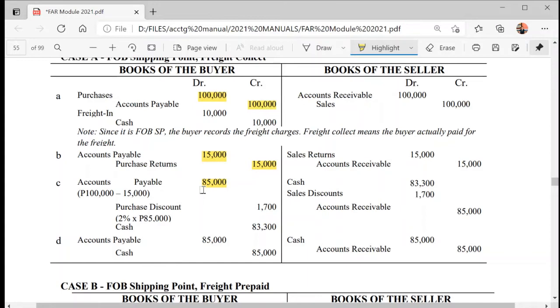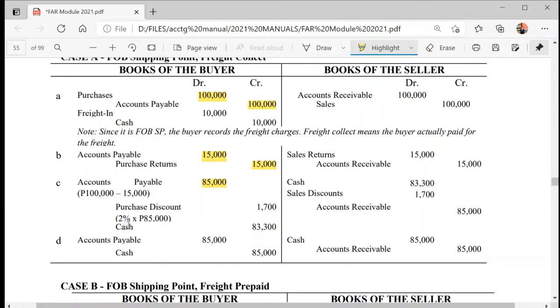However, since there is a discount, because the payment is within the discount period, there's a 2% discount. Okay? So the 2% discount is based on 85,000. So 85,000 times 2% is 1,700. And the remaining amount, or the net amount after we deduct the discount, would be the cash payment.